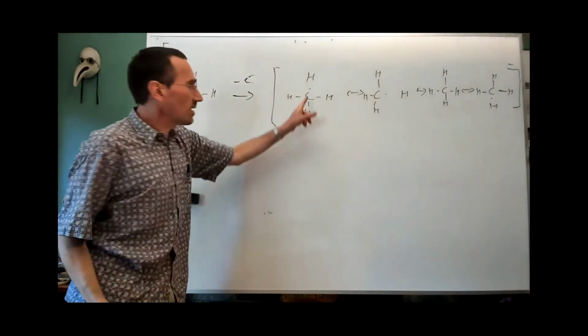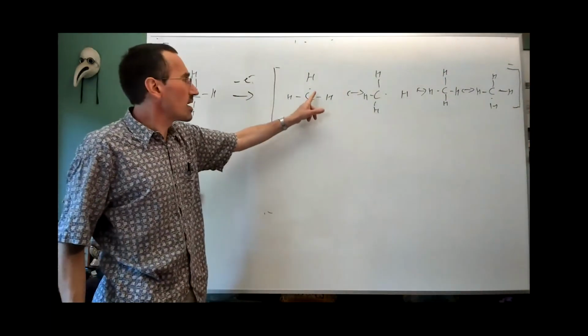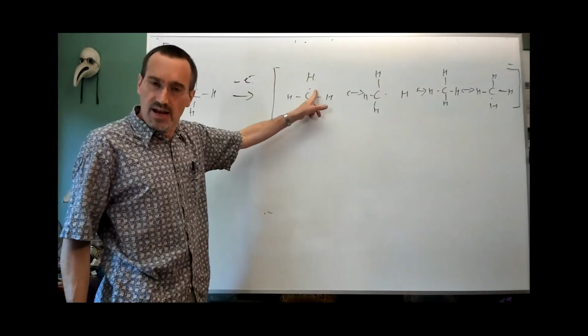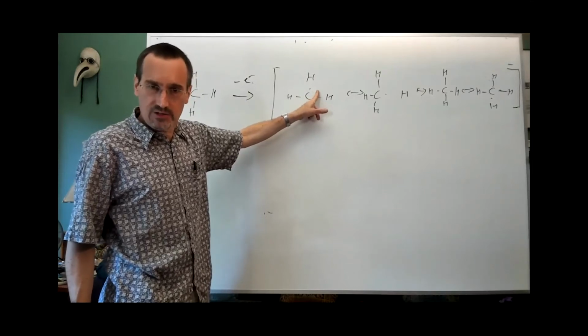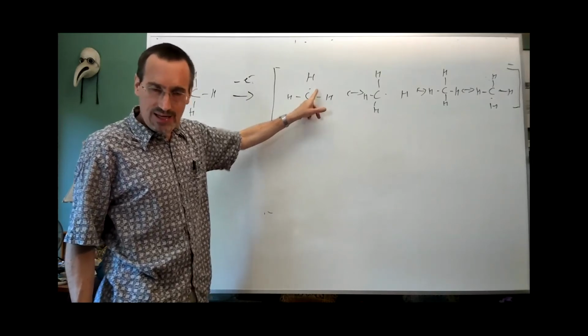So basically, if we want to think resonance structures, we're making do by delocalizing one fewer electron in the molecule.